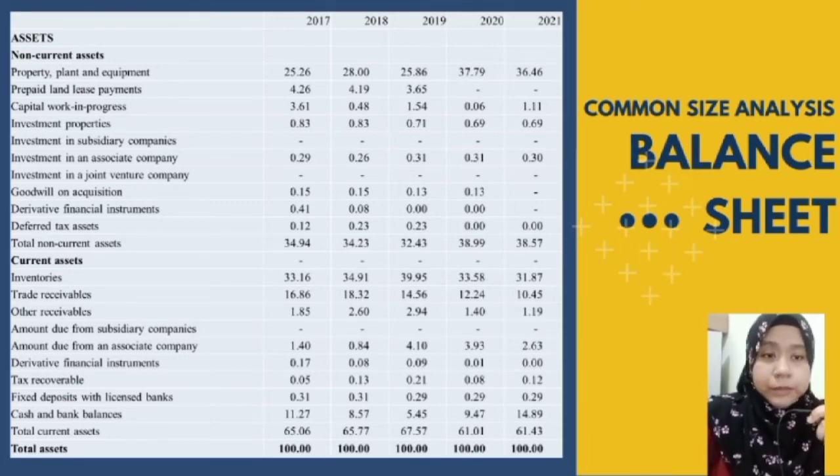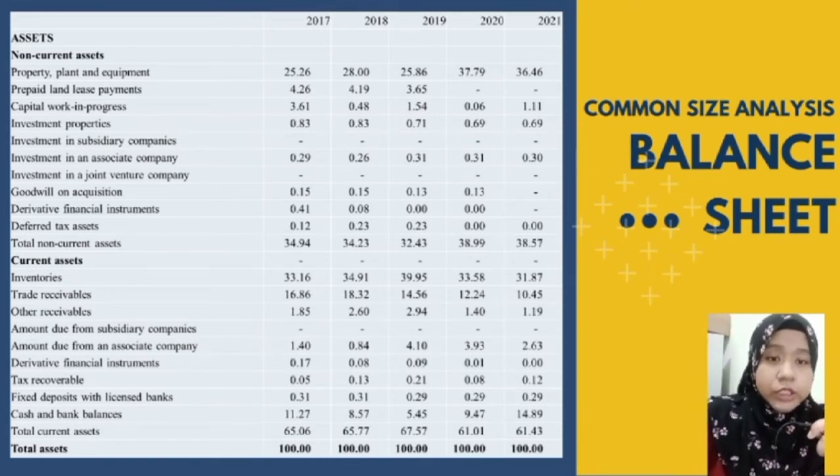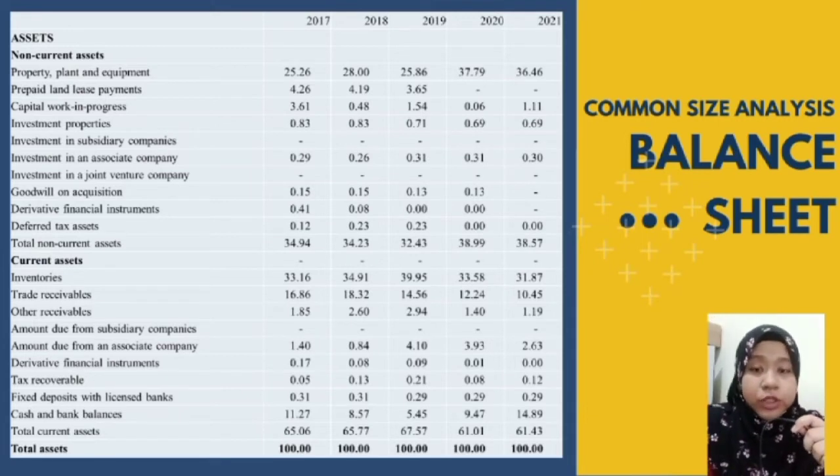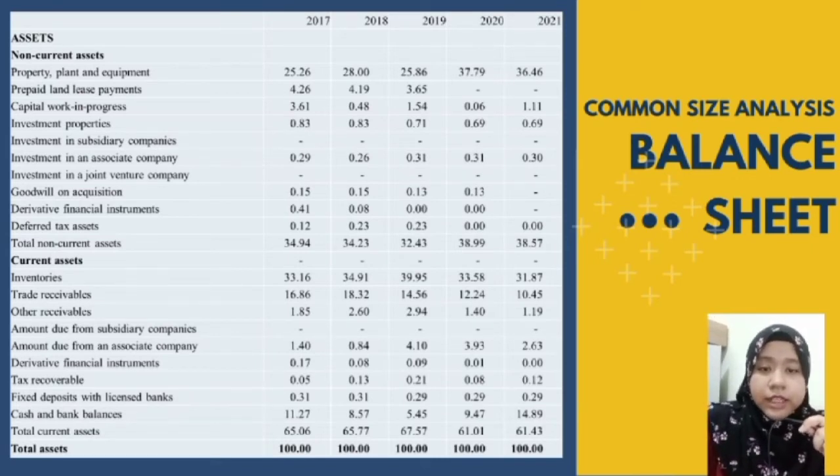So referring to the above table, we can say that the total assets of the Pantech Group Holdings Berhad have an inconsistent trend throughout the 5 years ranging from 2017 to 2021. This can be seen in the non-current and also current items. The total of the non-current asset shows a decreased percentage from 2017 to 2019.